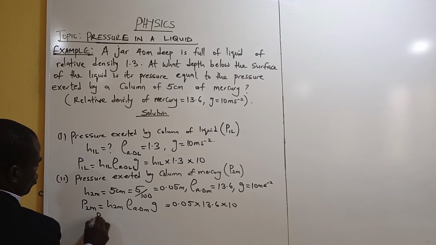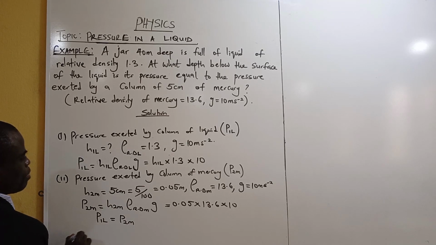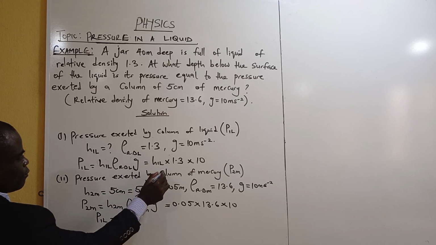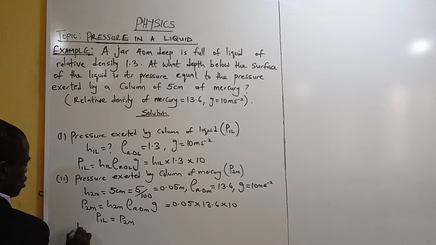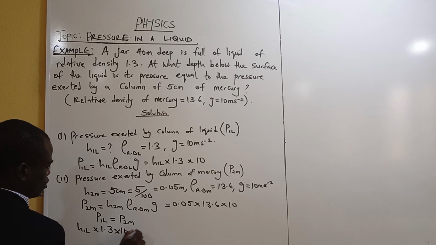Now P1L equals P2M. In that case, you equate them together. You have H1L multiplied by 1.3 multiplied by 10 equals what?